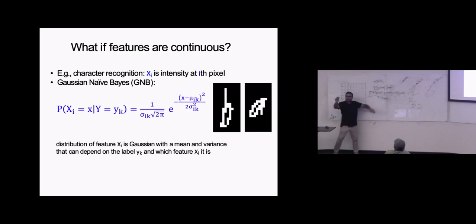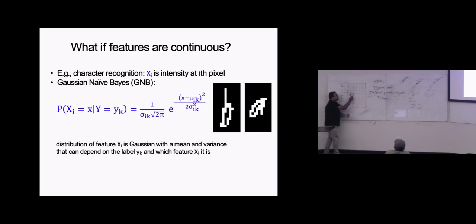For each pixel, let's say I'm talking about this pixel, and I look at different images of 1. Maybe one is like this, one is like that. If I look at all the images that are 1 and see how that pixel was for all of them, I'll get an idea of how bright this pixel should be for an image that is 1.